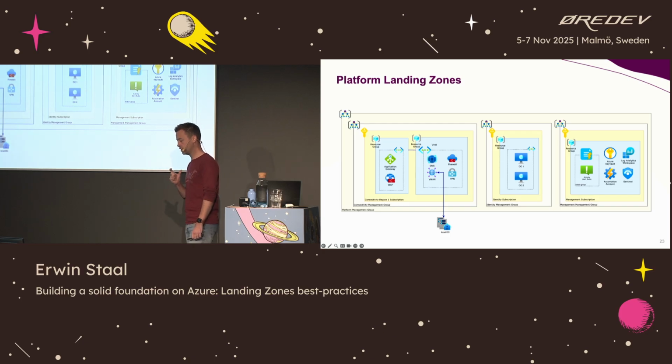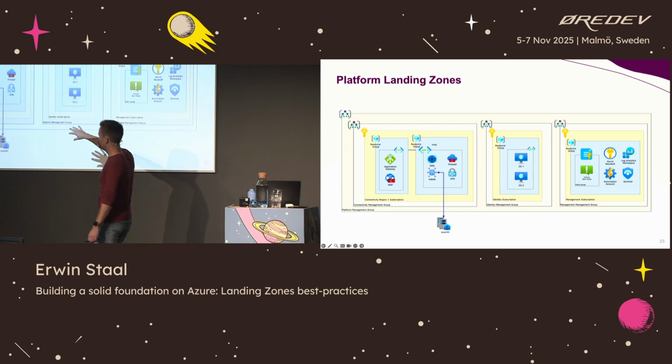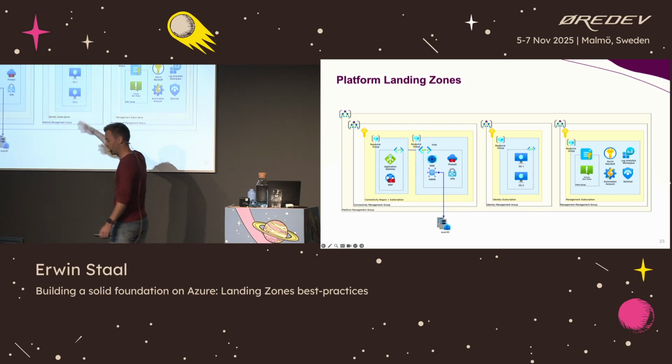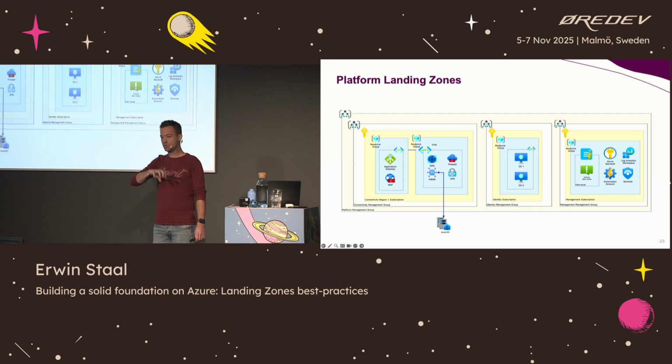So again, the subscription is a nice boundary there for isolation on permissions as well. In a connectivity subscription, we typically see things like maybe web application firewalling, connectivity to on-prem, DNS firewalling, all these connectivity shared services that will be used by application owners later on to connect to on-prem, for example, or to the internet, those kinds of things.